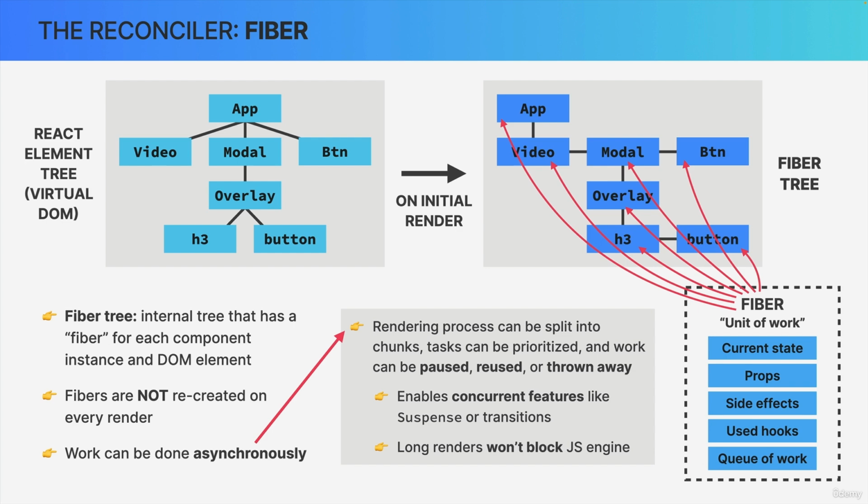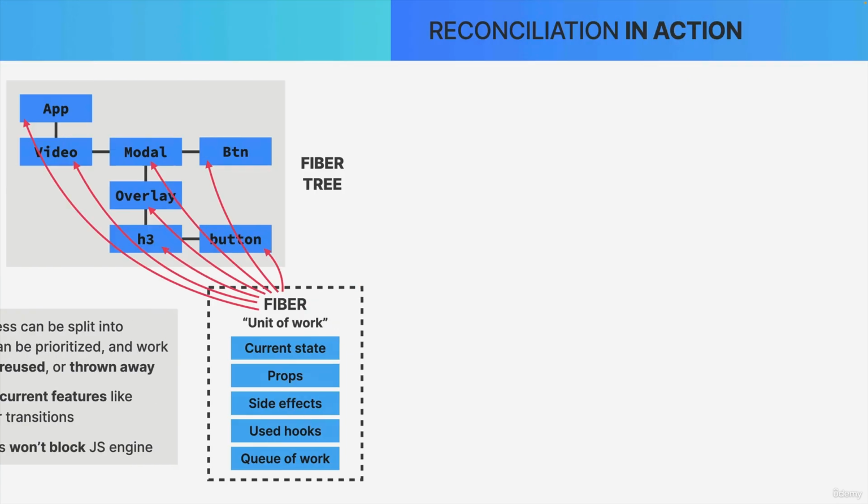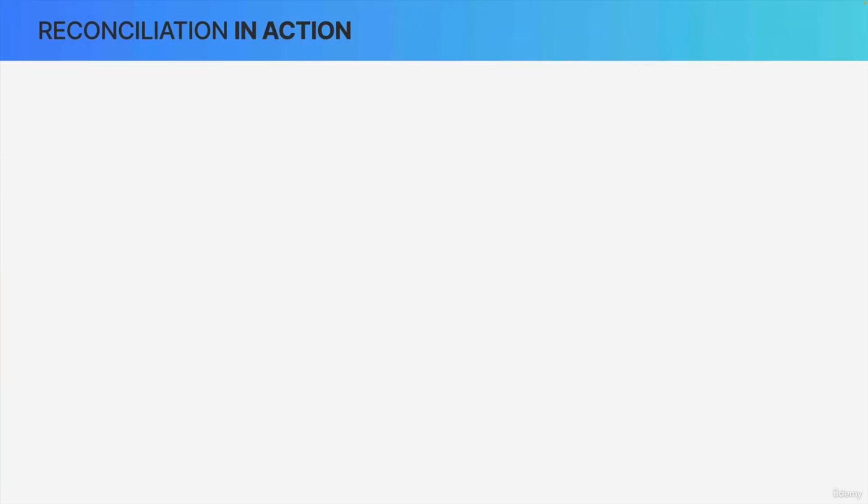And again, this is only possible because the render phase does not produce any visible output to the DOM yet. Okay, so at this point we know what the fiber reconciler is and how the fiber tree works. But now it's time to talk about what fiber actually does, which is the reconciliation process.